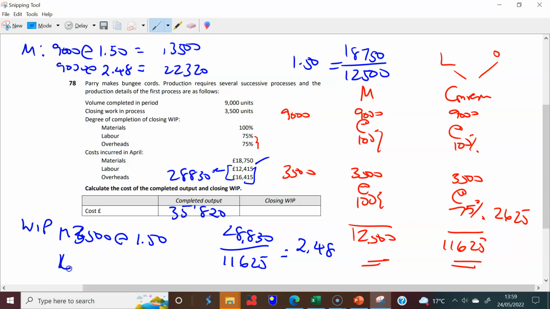But in terms of conversion, I have 2,625 equivalent units at £2.48. 3,500 times £1.50 is 5,250, and 2,625 times £2.48 is 6,510. I will add the two together, and you will have 11,760.